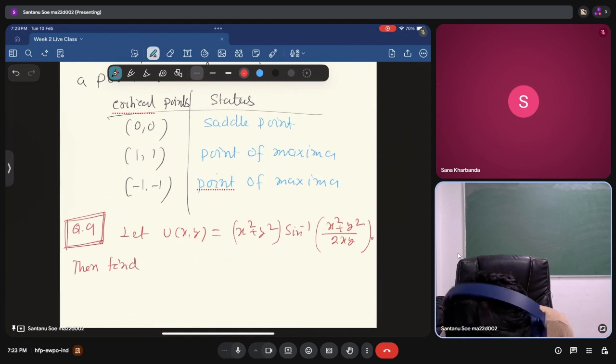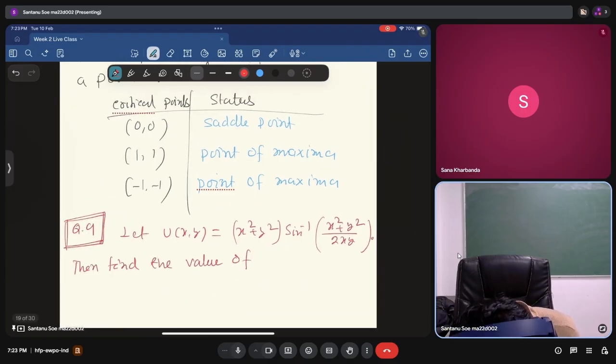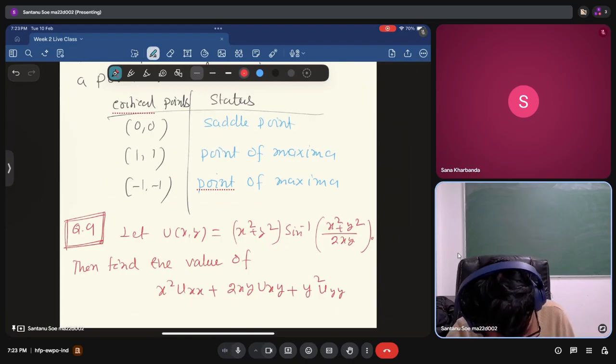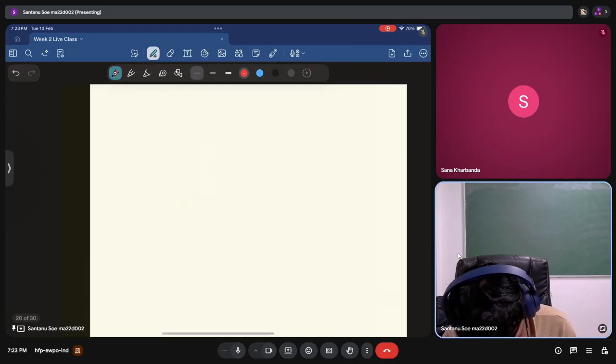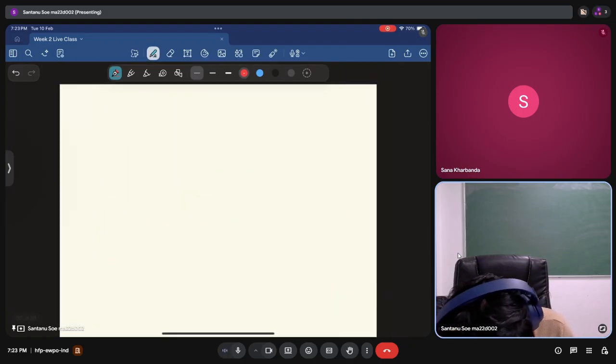Then find the value of x squared uxx plus 2xy uxy plus y squared uyy. Okay. So yeah, now we're going to do the solution.